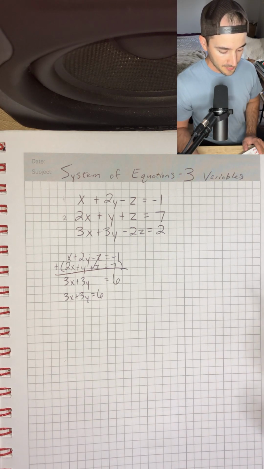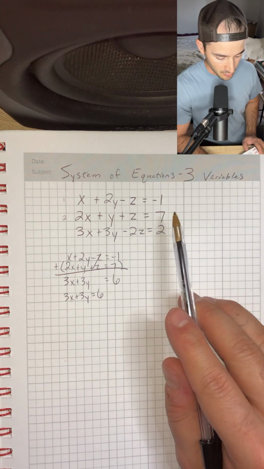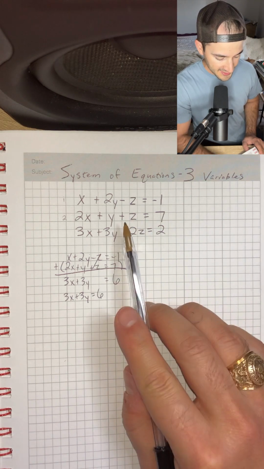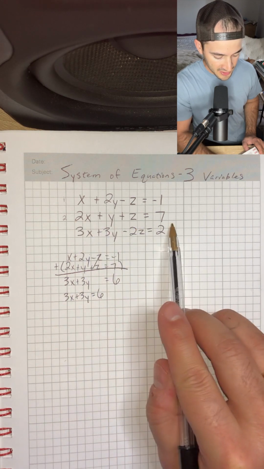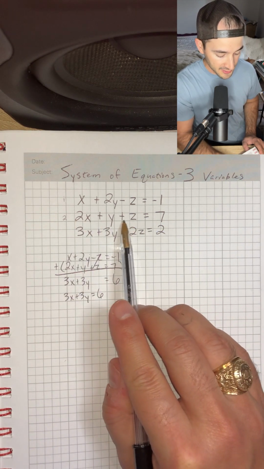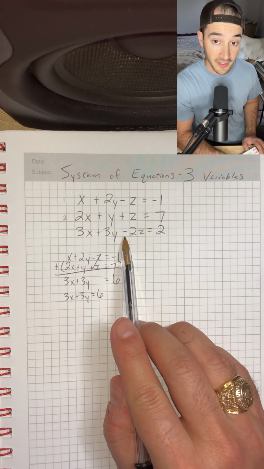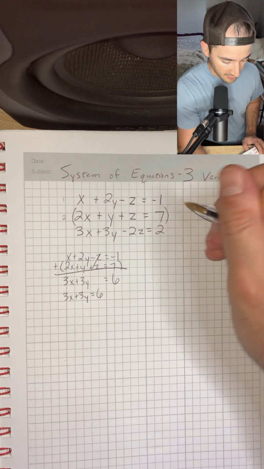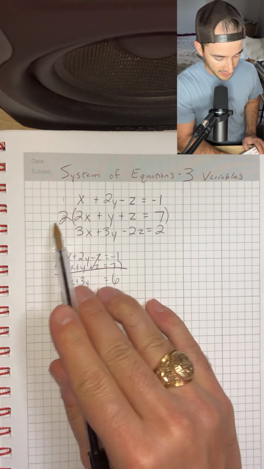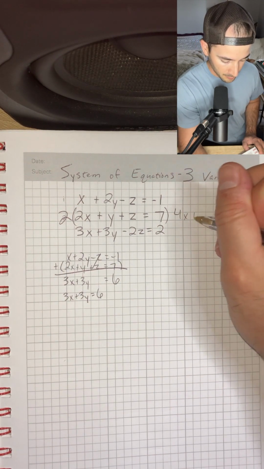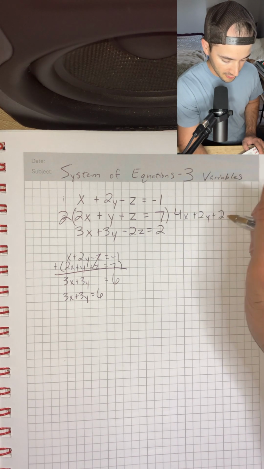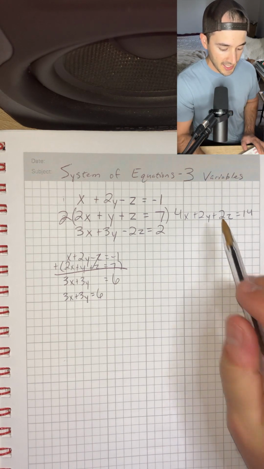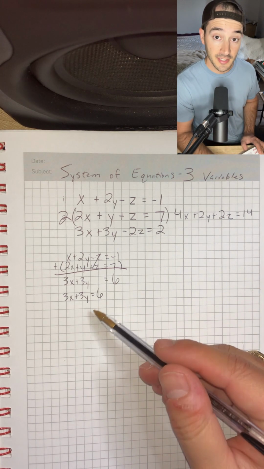So now we're going to do the same thing but using different equations. So this time I'm going to use the second and third equation because I see that if I multiply this equation by 2, that will give me a positive 2z, which will cancel with the negative 2z. So we're going to multiply that by 2. So we'd get 4x plus 2y plus 2z is equal to 14. Okay, and so now we can add that to our third equation just like we did over here.